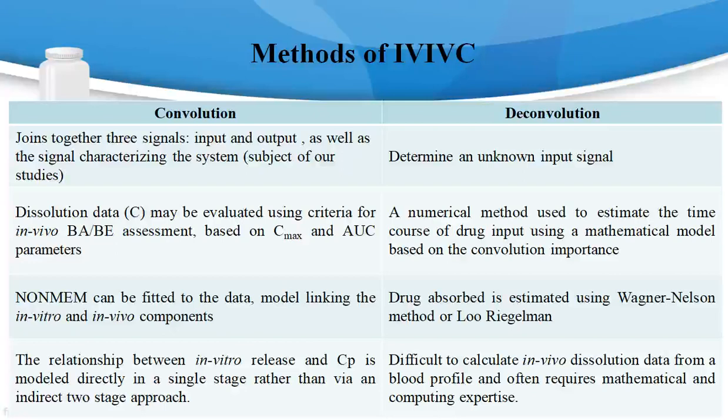In deconvolution, drug absorbed is estimated using the Wagner-Nelson or Loo-Riegelman method. In convolution, the relationship between in vitro release and plasma concentration is modeled directly in a single stage rather than via an indirect two-stage approach. In deconvolution, it is difficult to calculate in vivo dissolution data from a blood profile, and it often requires mathematical computing expertise.